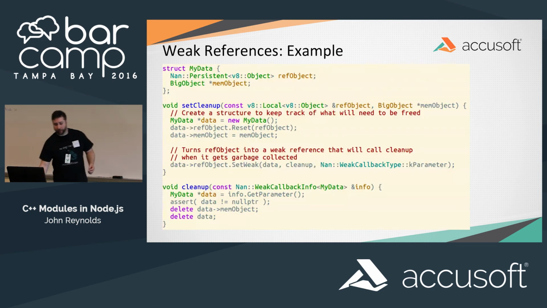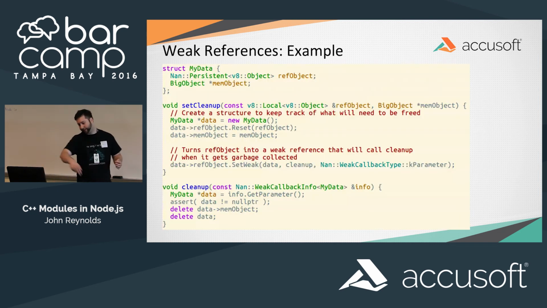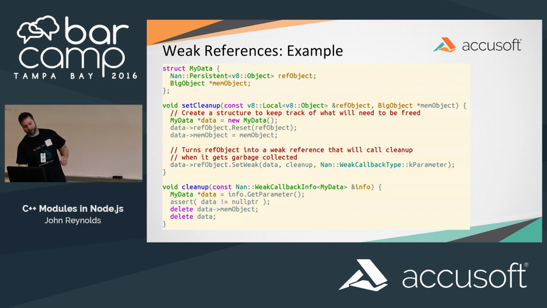So here's an example of how to do it. I know it's a lot of code. As it so happens that many difficult things require difficult code. But it turns out when you actually do it in practice, it's a lot easier than it looks upon first glance.